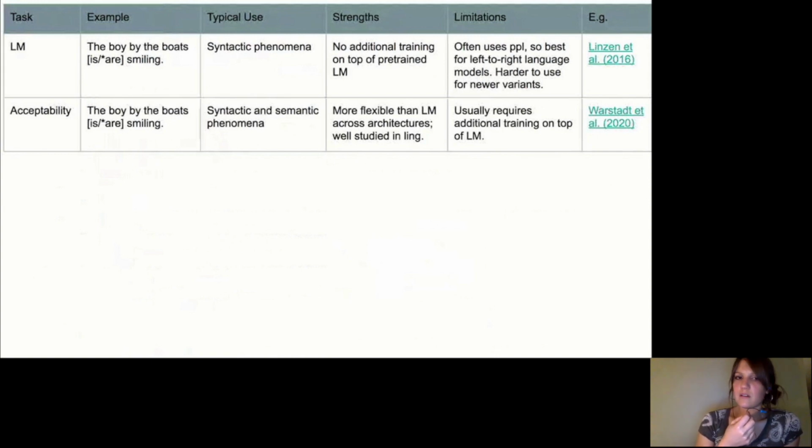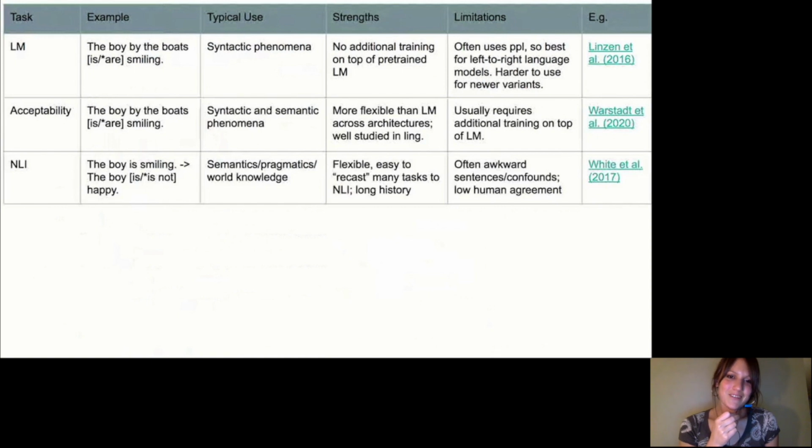For example, you're not expected to use a generative model. You could compare generative and discriminative models using something like an acceptability task. But the downside is it usually requires additional training on top of the pre-trained model, because we're not pre-training on acceptability, which means you need to introduce it to the general shape of the task before you can evaluate performance.